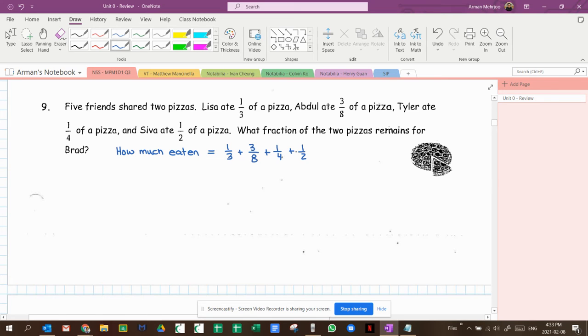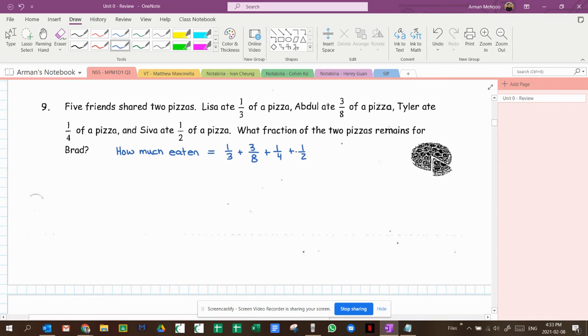Now, I have to find a common denominator for all of these fractions. Let's see, what's a good number for 3 and 8? I think 24 would be a good common denominator.